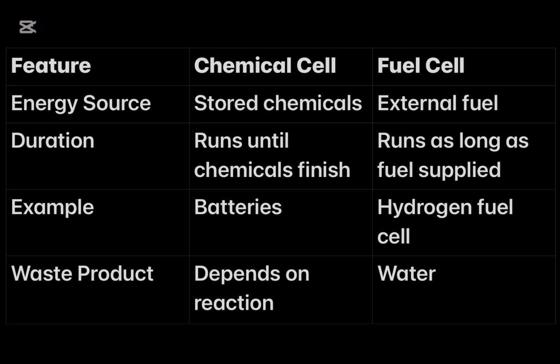Duration: a chemical cell runs until the chemicals are finished, and a fuel cell runs as long as fuel is supplied. An example of a chemical cell is a battery. An example of a fuel cell is the hydrogen fuel cell. Waste products: for a chemical cell it depends on the reaction, while for fuel cells it is always water.